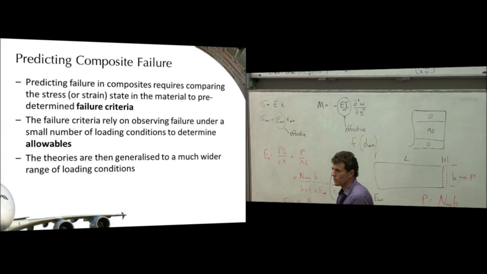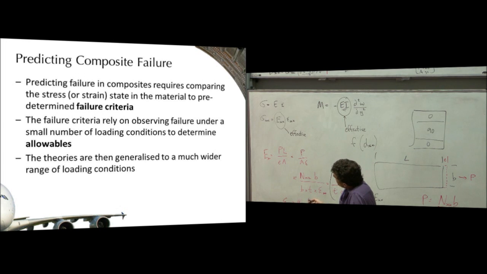You'll hear things like Tsai-Wu, Tsai-Hill, Hashin, maximum stress, maximum strain, strain invariant failure theory. And the further you dig into this, there's lots and lots of failure theories, and there's a few summarised in the notes. They all depend on different things, and we'll see that there's a real challenge in predicting the failure of composites.